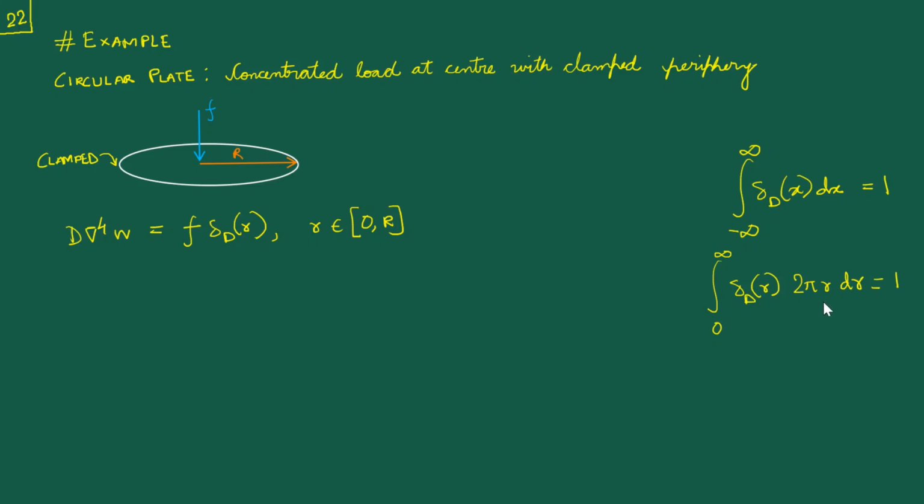But suppose it were to represent actual dimensions, then this particular part would have the dimension of meter square, and then naturally, because this right hand side is dimensionless, this would have the unit of 1 by meter square. And that is why when we come here, the F has the unit of Newton, the Dirac delta of R has the unit of 1 by meter square. So overall this is Newton per meter square, matching with whatever is there on the left hand side.